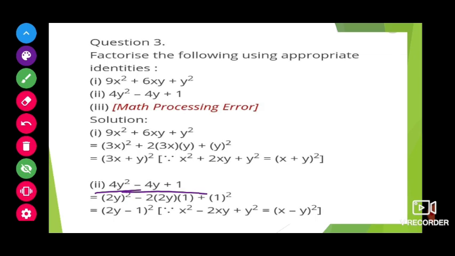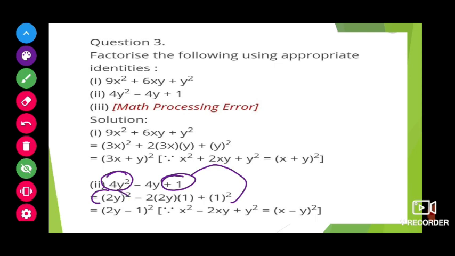Here also 4y square we can write as 2y whole square. Then minus 4y we can write as minus 2 into 2y into 1. Why? Because here I converted this as x square, and plus 1 I wrote as y square, meaning a square or b square, anything, children. If you take it as x plus y whole square, use x and y. If you take it as a plus b whole square, use a square plus b square plus 2ab, anything.